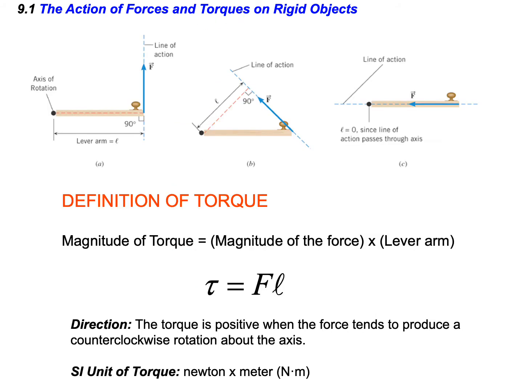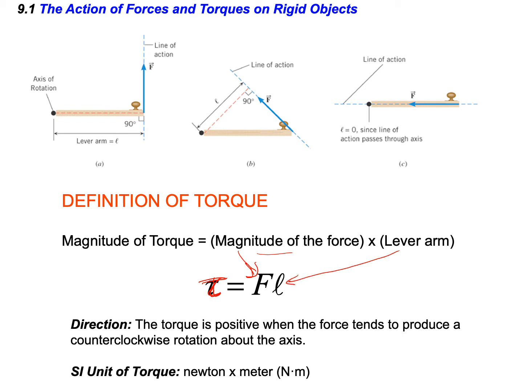Okay, so torque, we use tau as the notation. This is the magnitude of the net force, and L, lowercase l, is the lever arm.